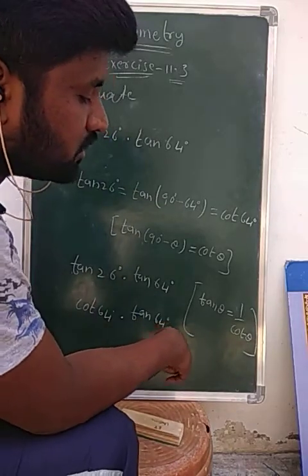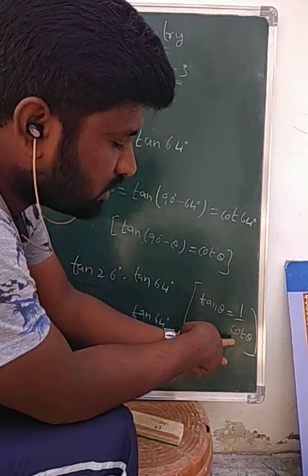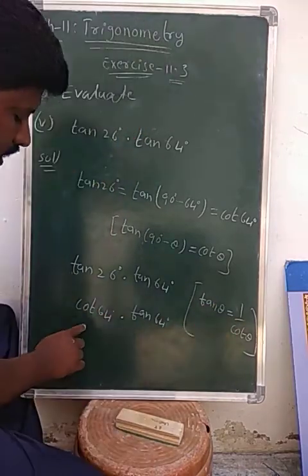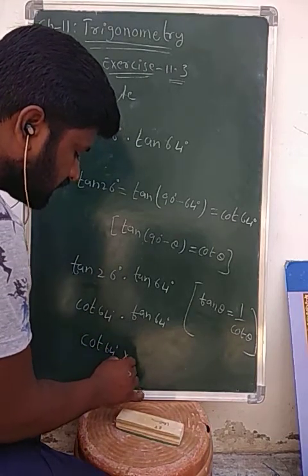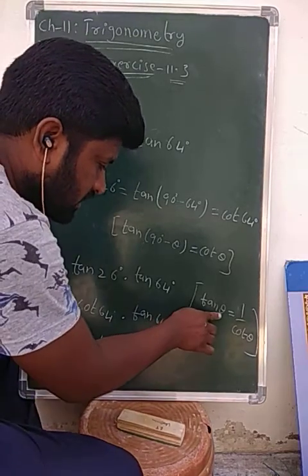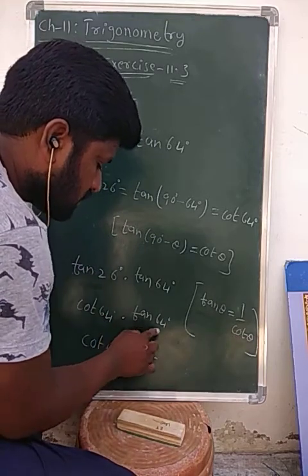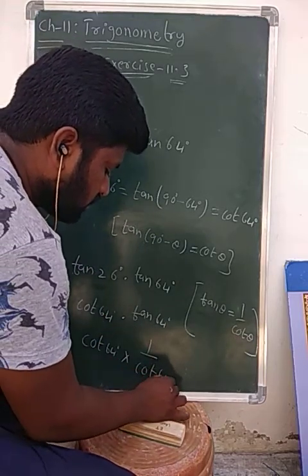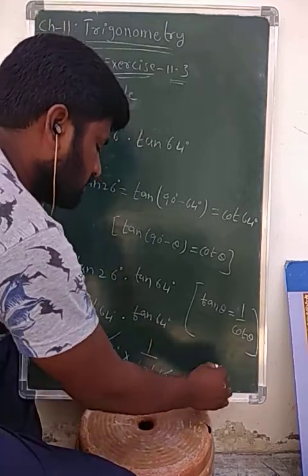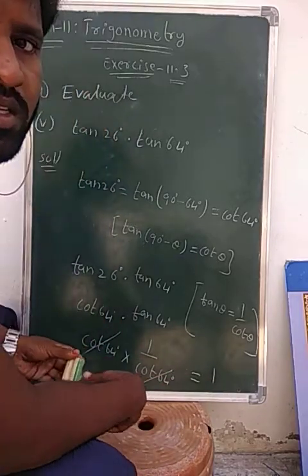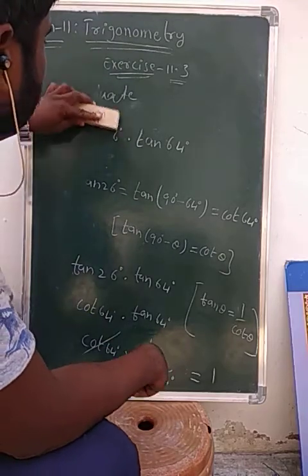Already we have cot 64, and tan 64 we can write as 1 by cot 64 degrees. Now cot 64 cancels, so the answer is 1. So this is the required answer for this question. Let us go for the next one.